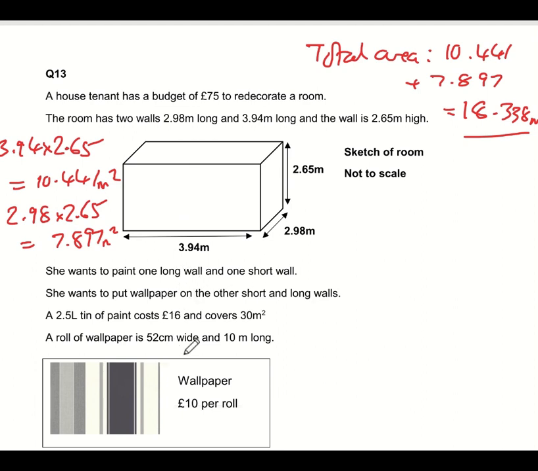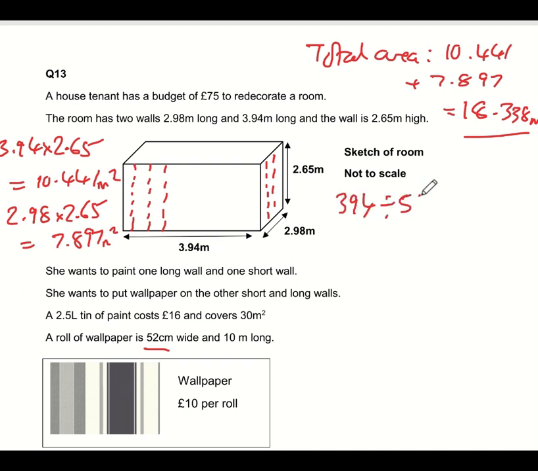So we know that the wallpaper is 52 centimeters wide. So first of all, how many strips do we need if we're covering 3.94, and how many strips do we need if we're covering 2.98? Now the width of the wallpaper is in centimeters, so it makes sense to turn these into centimeters as well. So how many 52s go into 394?